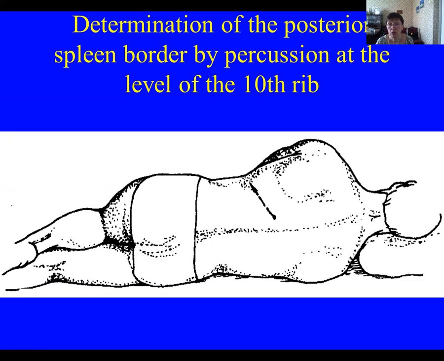In the norm, it should be somewhere between the posterior axillary line and the scapular line. The longitudinal size of the spleen should be in the norm from 6 to 8 centimeters.